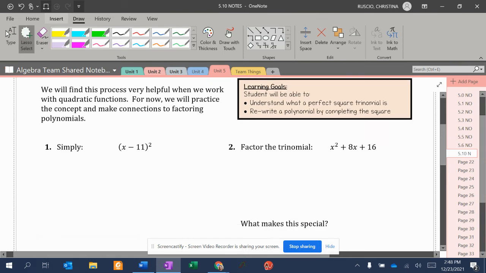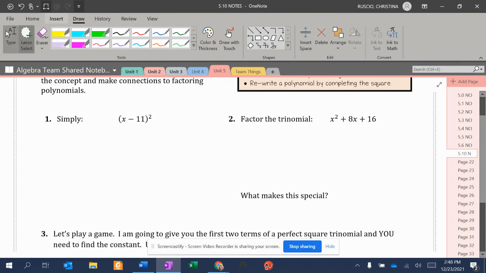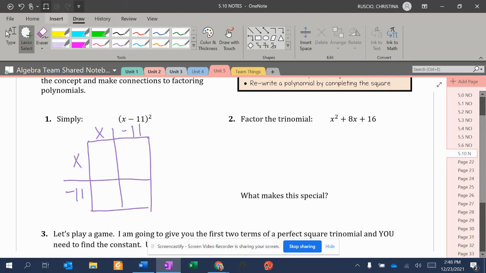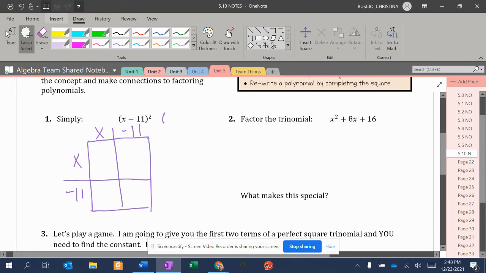Number one, the first thing that we need to do is simplify x minus 11 all squared. If we remember how to do this, we're going to set up the box method, and then we're going to look at x minus 11 all times x minus 11. Because remember, x minus 11 squared really is the same thing as x minus 11 all times x minus 11.